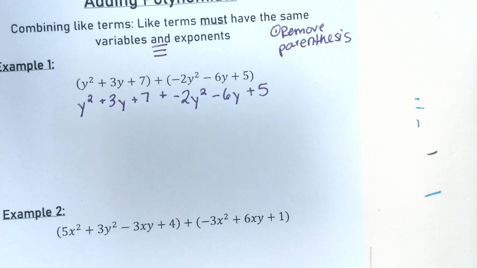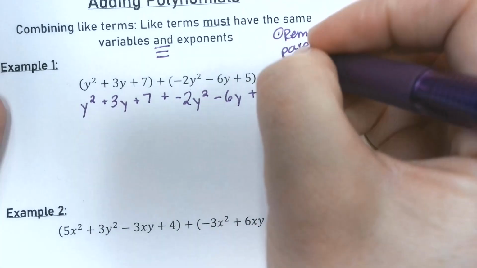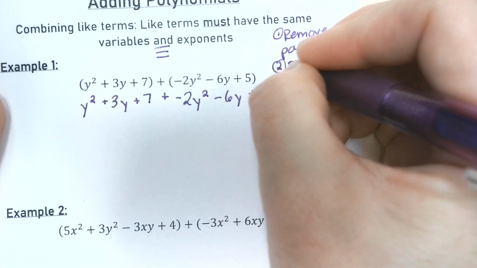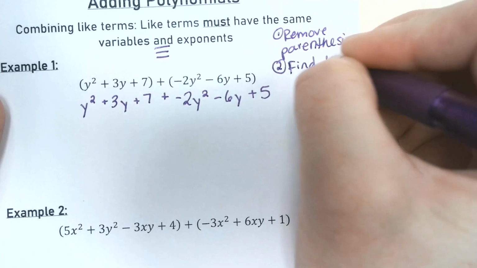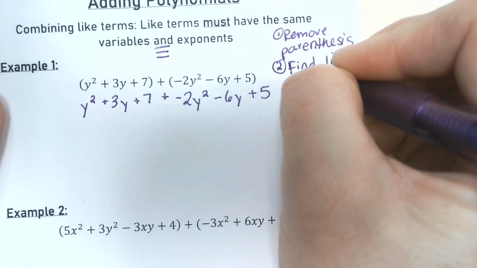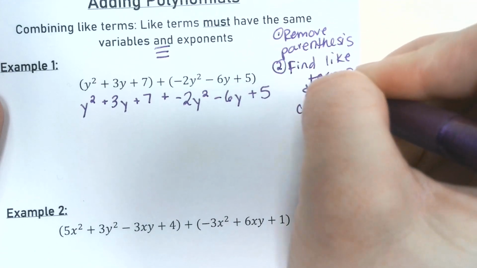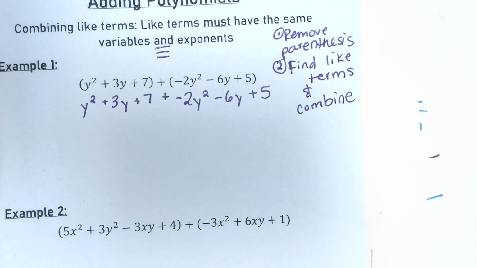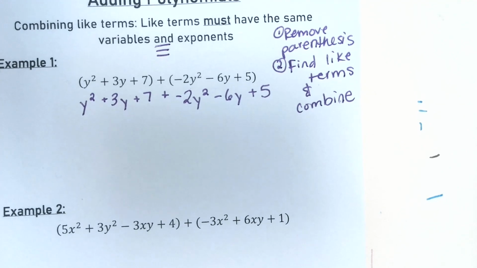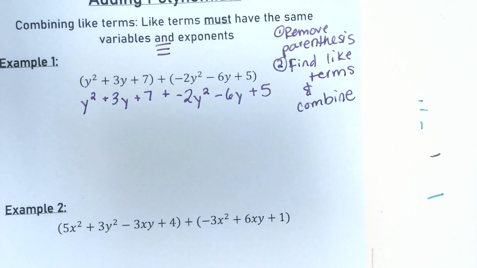After you remove parentheses, you're going to find your like terms. So to find like terms and combine. So we're going to go ahead and do that.